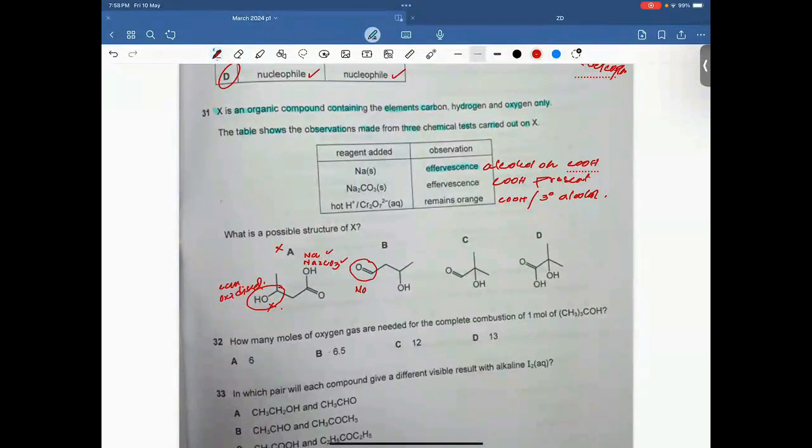No sodium carbonate, no sodium metal test is possible. Sodium metal test is not possible. Sodium carbonate test is not possible in this. And this could also oxidize. An examiner is saying there is no oxidation because there is no change in the color of potassium dichromate(VI). Obviously, B is also incorrect. But let's talk about C. This is tertiary alcohol.